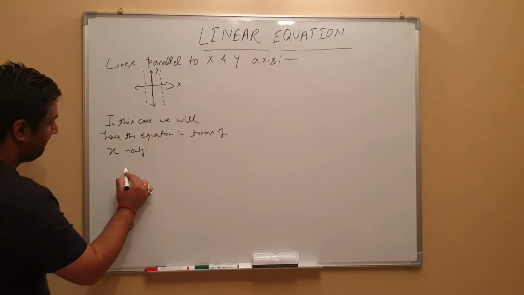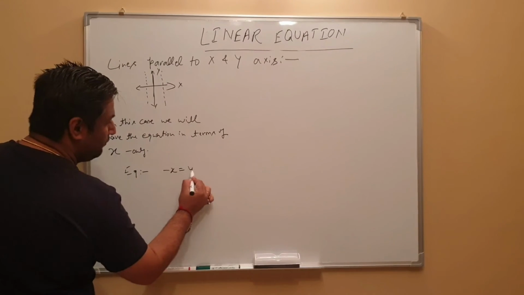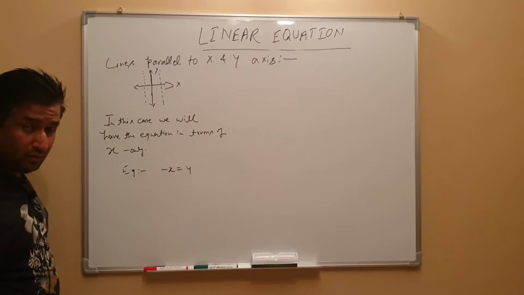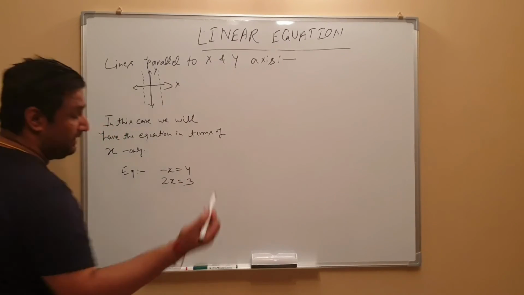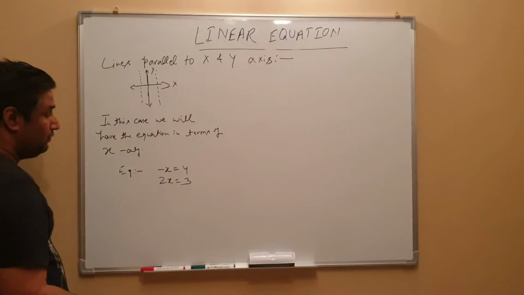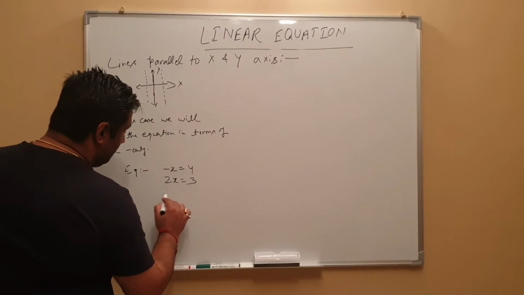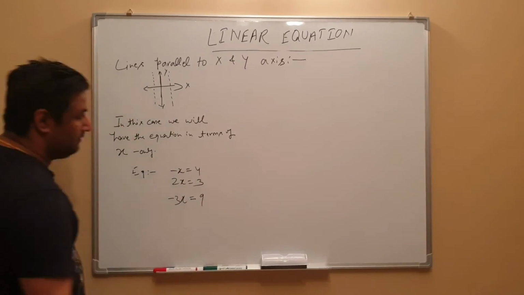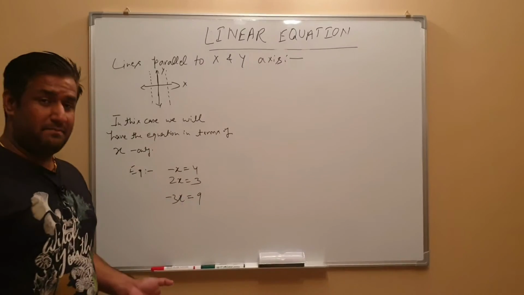For example, negative x equals 4. This will be an example of a line parallel to the y-axis. 2x equals 3. This will be an example of a line parallel to the y-axis. Or you can take one more, negative 3x equals 9. This is also going to be an example of a line parallel to the y-axis.